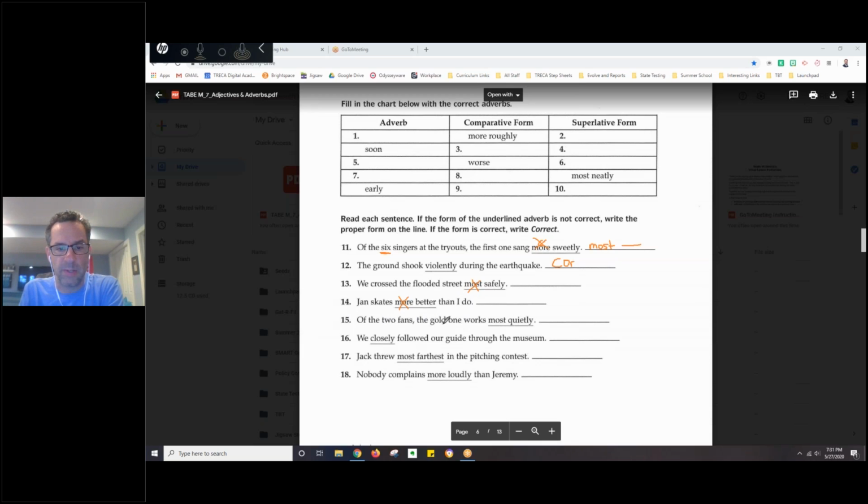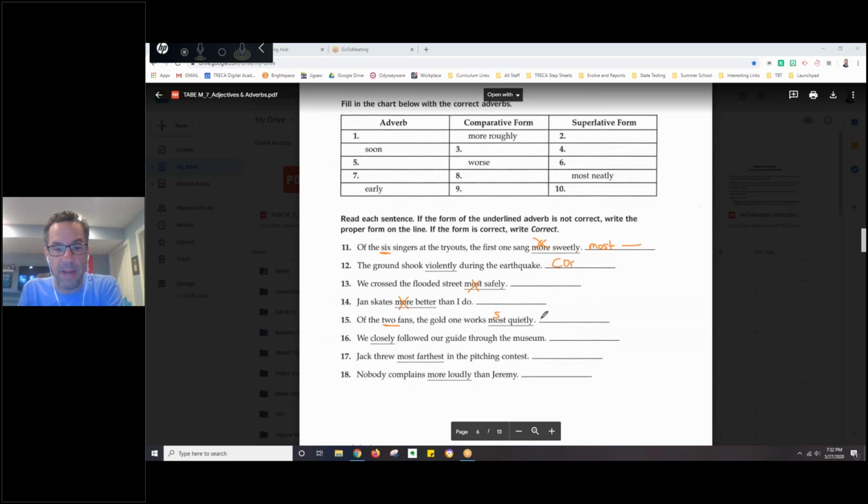15, of the two fans, the gold one works most quietly. Hopefully you saw that this is only comparing two fans. So what form do we use? Comparative or superlative? When you're comparing two things, you're doing comparative form, not superlative. So the word most, unfortunately, is written in superlative form.